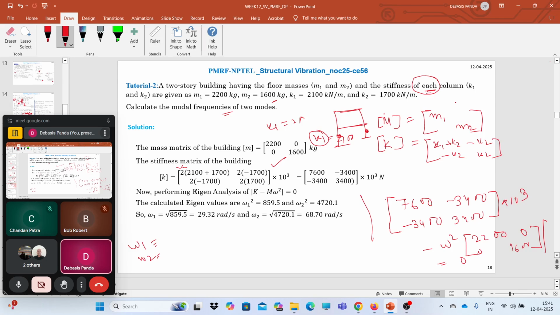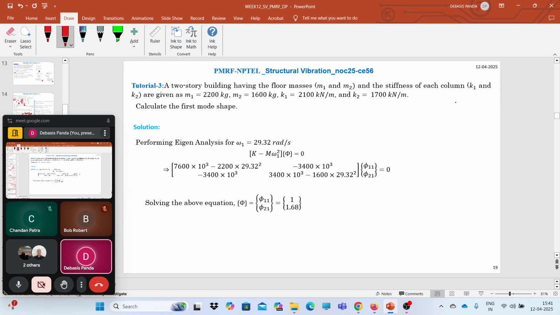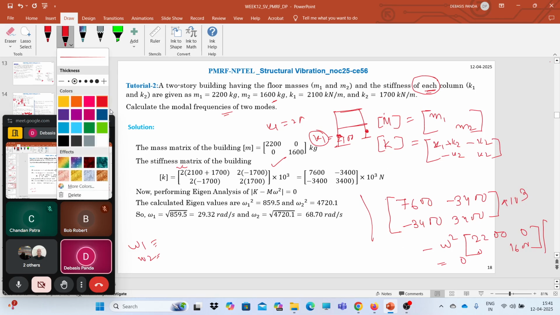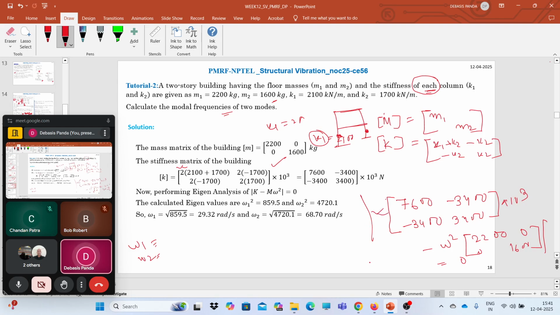So just a few things you need to recall today, and you need to practice with respect to the MDOF system, how we can solve the characteristic equation. It's nothing but you just need to solve this, K minus omega square M, this nice long equation.